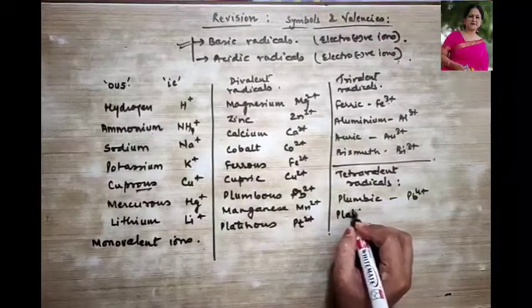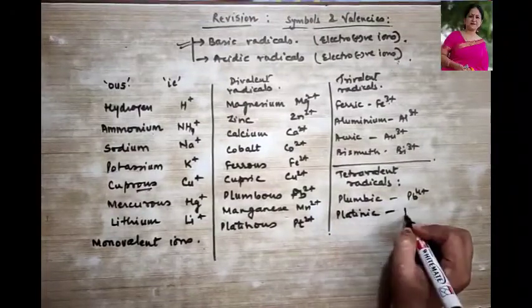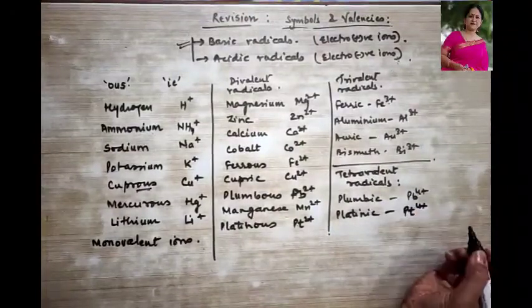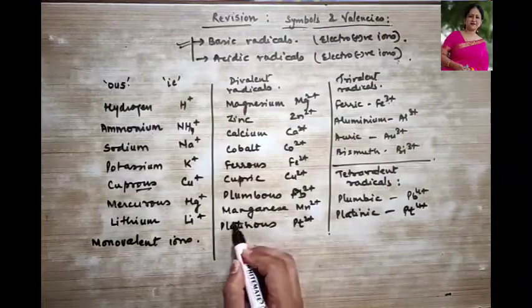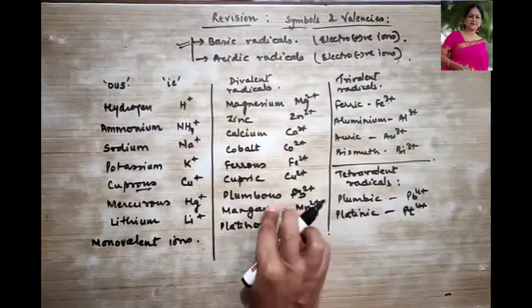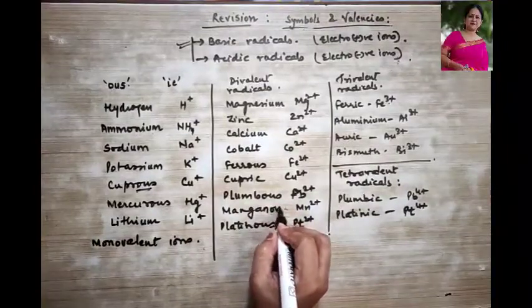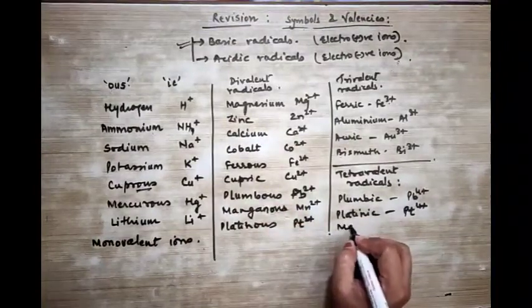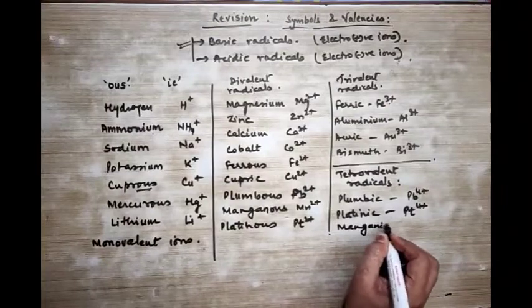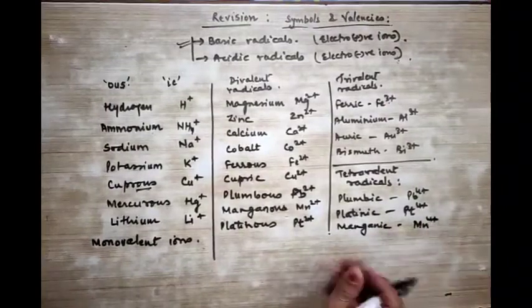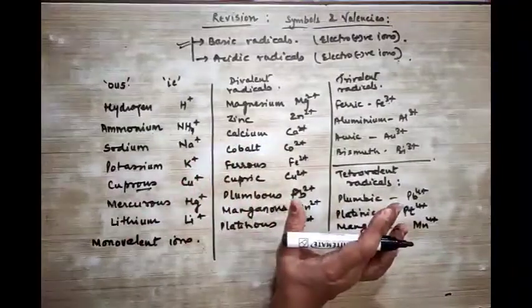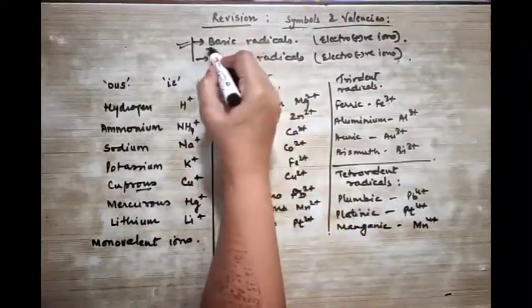Then we can write platinic, that means it is Pt4 plus. Then you have manganese was here. Then we can have manganic as Mn4 plus. So these are a handful of valencies of the basic radicals.